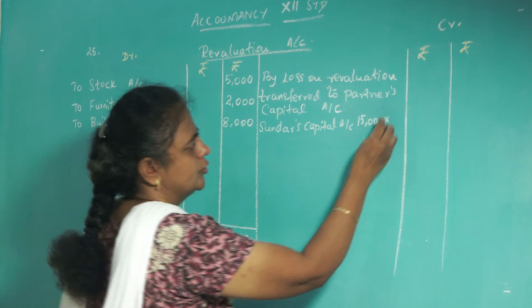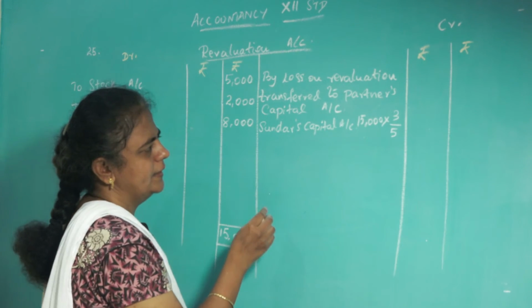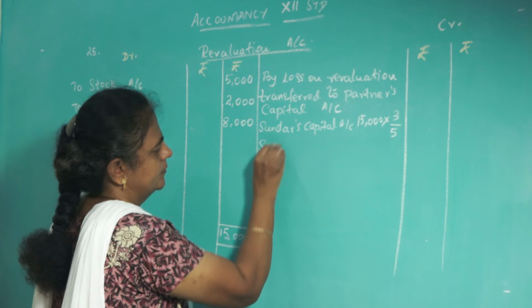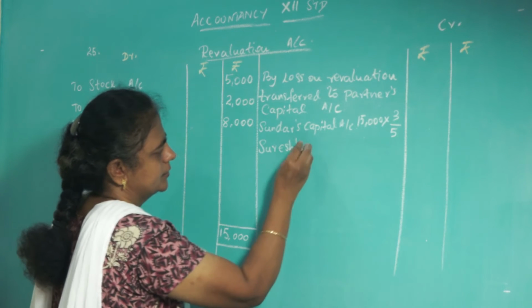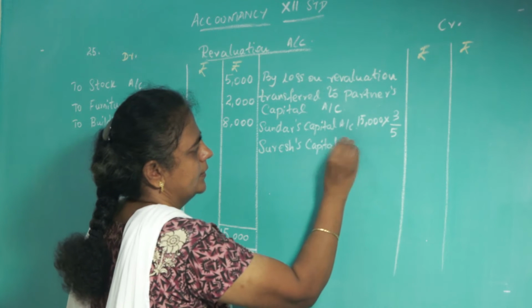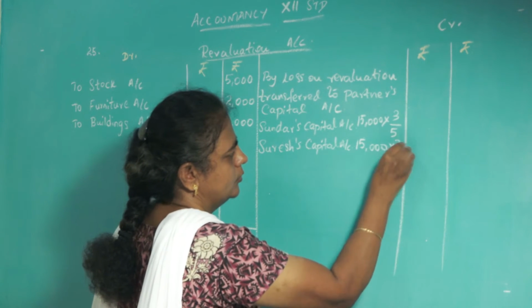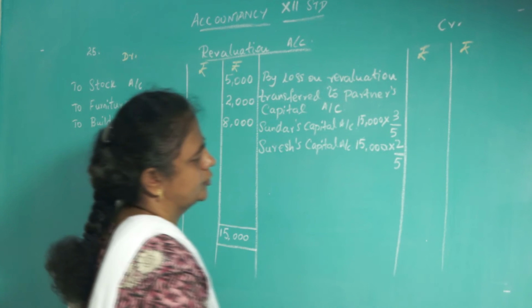Ratio is 3:2, that is 3 by 5, Sundar, and Suresh's capital account, 15,000 into 2 by 5, that is the old ratio.